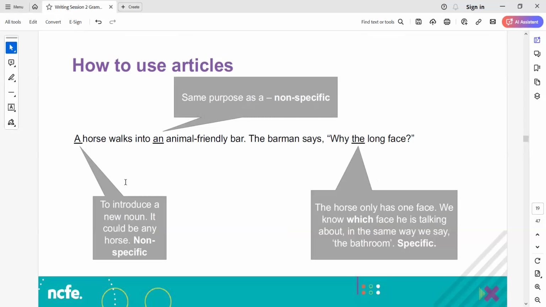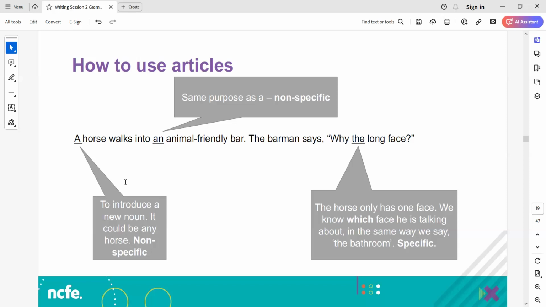So it's general. It's non-specific. A horse walks into an animal-friendly bar. So as I said, it's the same purpose as a, but because animal, the next word, starts with a vowel, we use an, because saying a animal is quite tricky. So we use an instead.